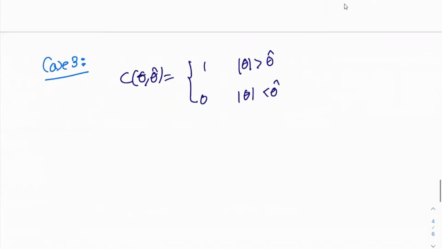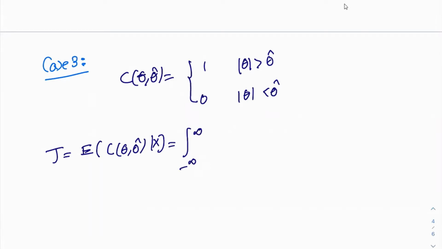Let's follow the same procedure. J is equal to the expected value of C of theta, theta hat given x. So this is the integral from negative infinity to infinity, where C is 1 or 0. Under what case is it 1?